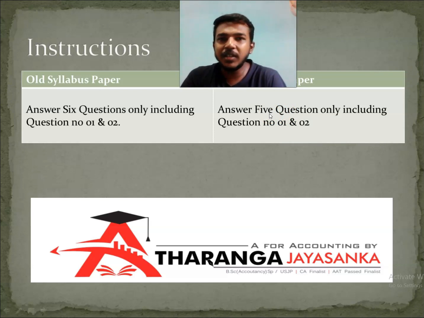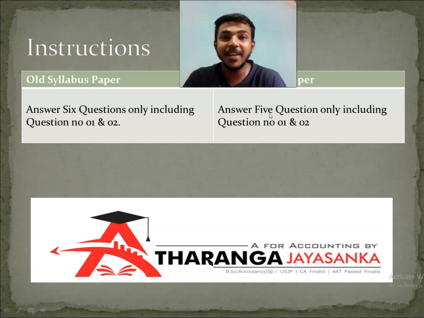That means up to 2018, they answered 6 questions, but from 2019 onwards, you have to answer only 5 questions. You might be very happy about these instructions. Earlier, those students had to answer 6 questions before 2019, but from 2019, you only have to answer 5.